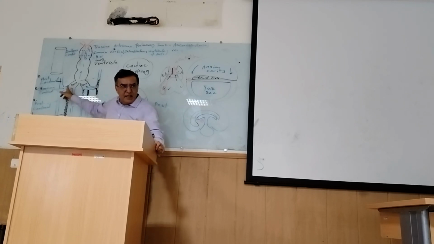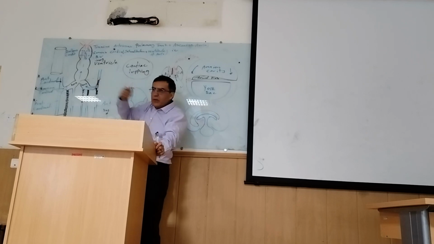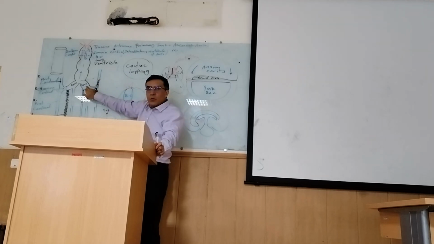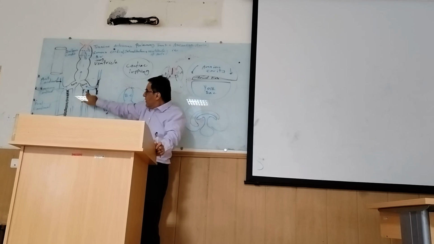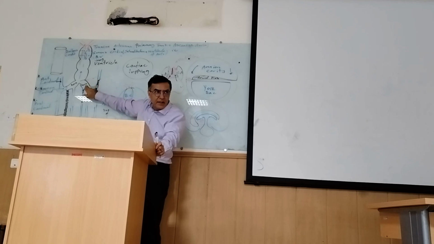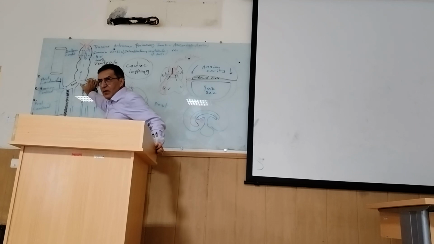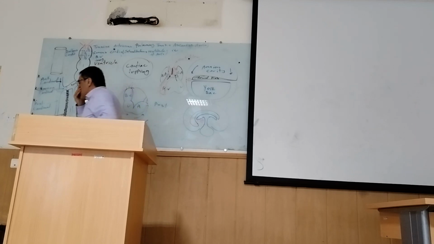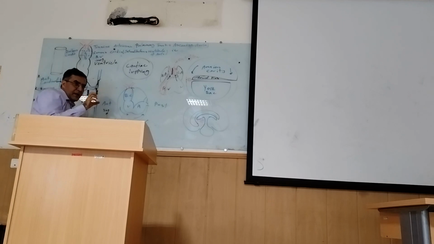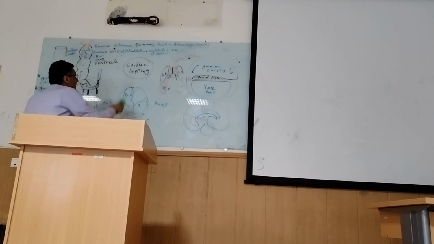This entrance is closed, this entrance is closed, this one is closed, and this one is closed. We don't have any drainage to the left horn. Is it clear? As a result, the left horn starts shrinking. It gets smaller.